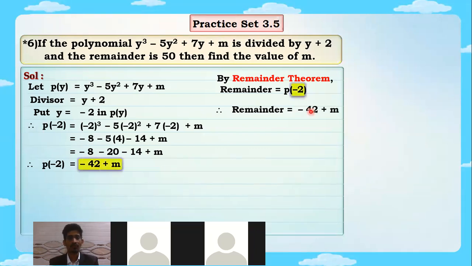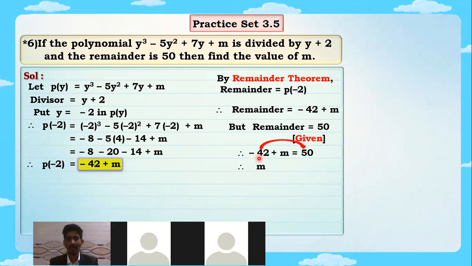So we can say this -42 plus m, which we got as the remainder, is equal to 50. What is the remainder? 50. So we can equate this: -42 plus m is equal to 50, as this is the given information. So for finding the value of m, we'll shift this -42 to the other side.